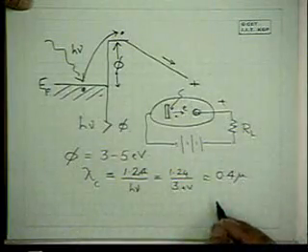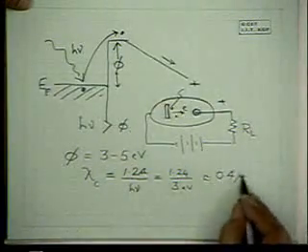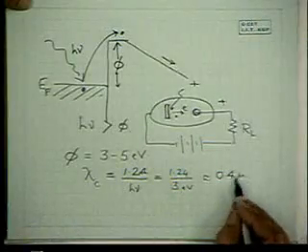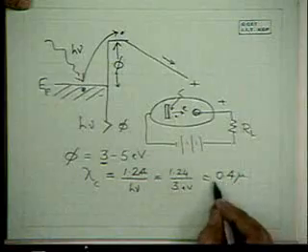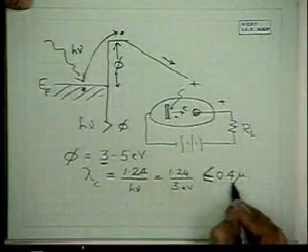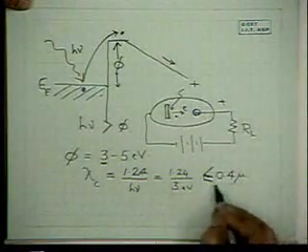Okay, so typical photoemissive devices which have such large work functions will only work at lambda less than or equal to 0.4 microns. That's in the blue or the UV.